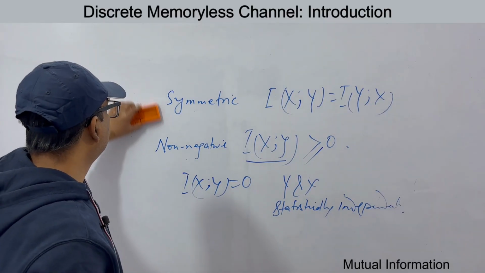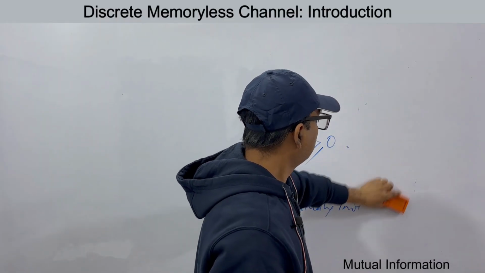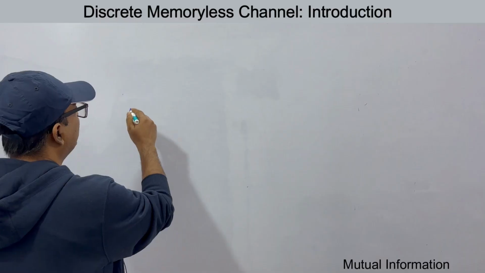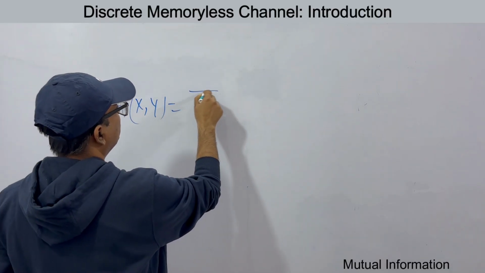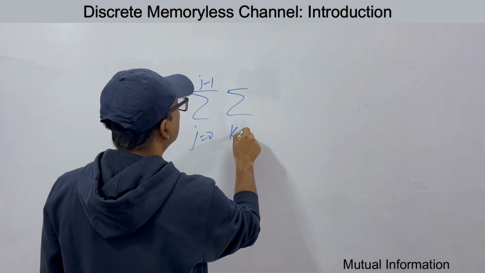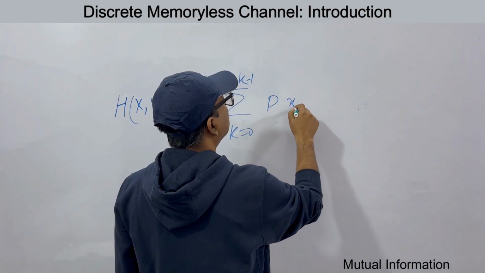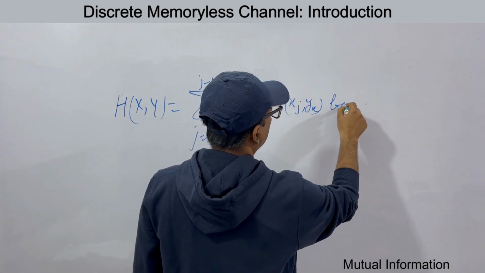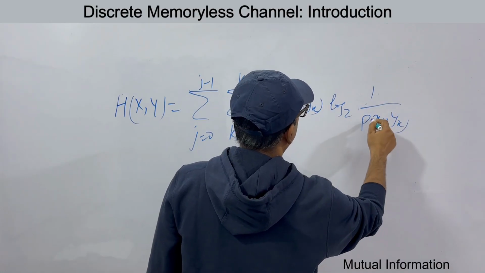Now the third property of mutual information. Firstly, what is the joint entropy? We have defined the joint entropy of x and y: H(X,Y) is the sum from j equal to 0 to J minus 1 and k equal to 0 to K minus 1 of p(xj,yk) log2 of 1 by p(xj,yk).